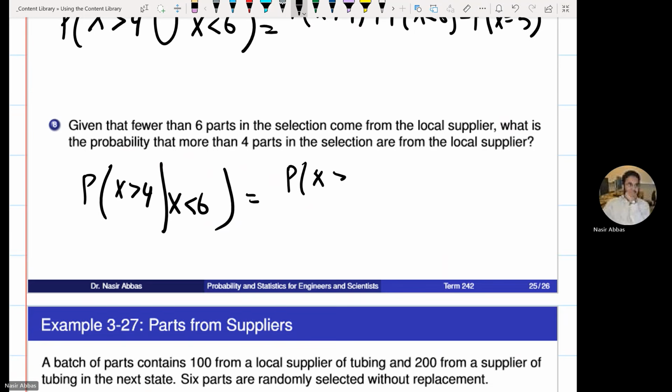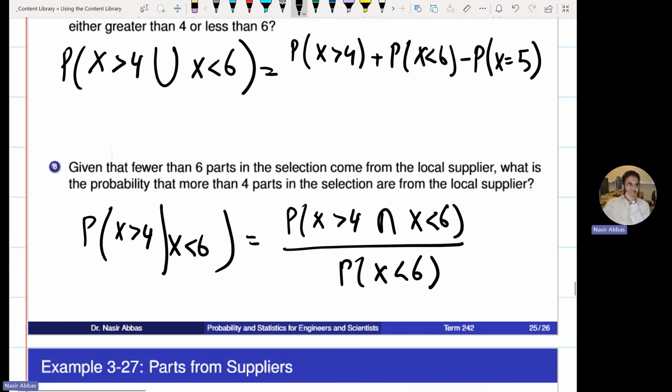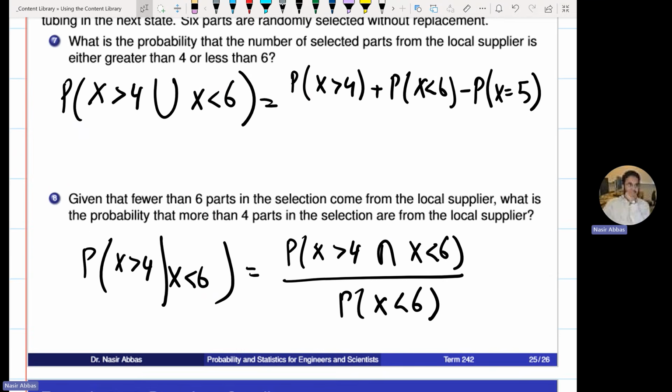Intersection over less than 6. Now, for less than 6, will you find it directly or complement? Better complement. For the numerator, it's what? Only 5. So probability of X equals 5 divided by 1 minus probability of X equals 6.